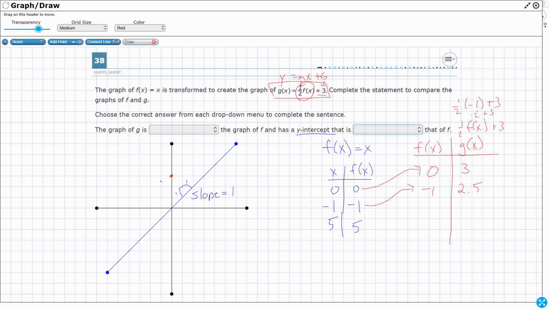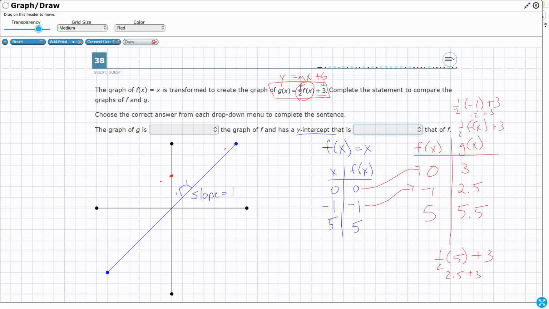Then if I did my 5, I can do that down here. I'm going to have 1/2 times 5 plus 3, right? So that's going to be 2.5 plus 3, so that's 5.5. So let's do 1, 2, 3, 4, 5.